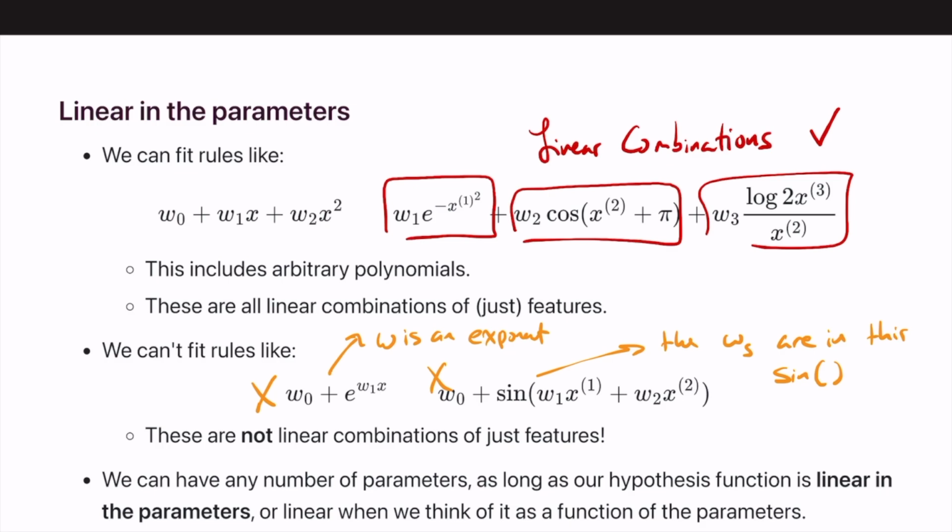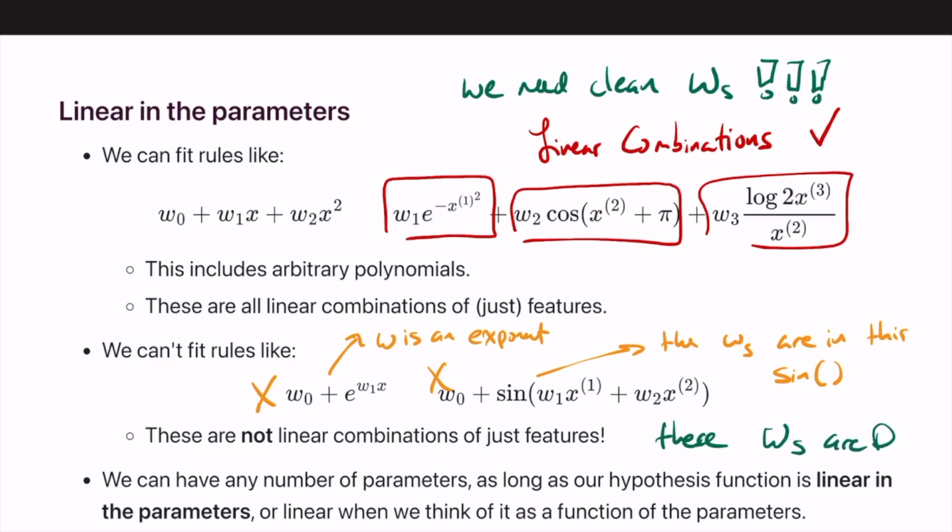So what we really need are these linear combinations. And if we have that, then any arbitrary polynomial stuff can happen in here as long as the W's are clean. So yeah, we need clean W's. In this case, these W's are dirty. So that's a really key thing to think about.